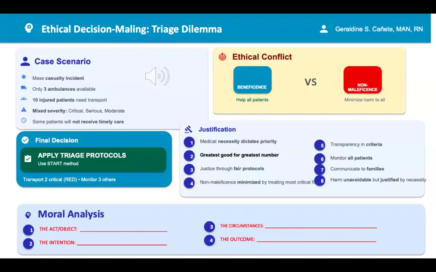The problem is there are only 3 ambulances available to transport patients to the hospital. This means that some patients will not receive timely care, and some may not survive. So, what are your initial thoughts and feelings? What are the immediate challenges that you face?